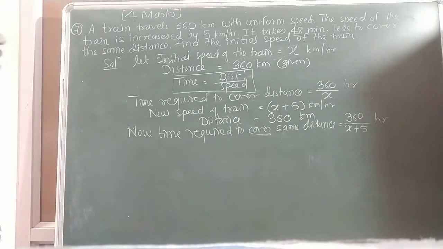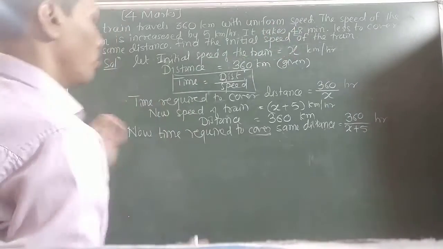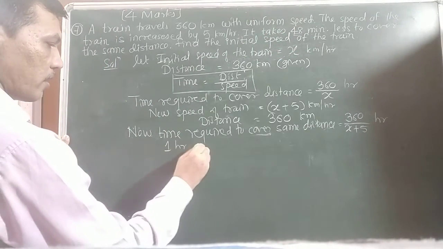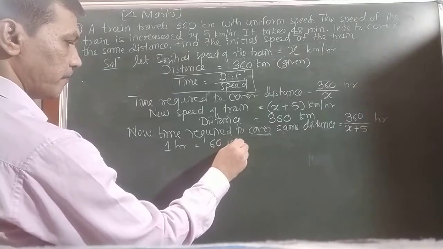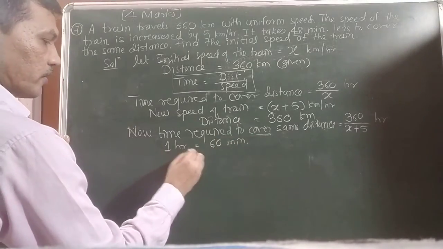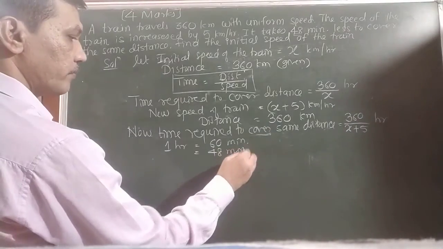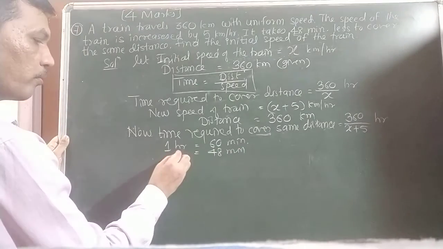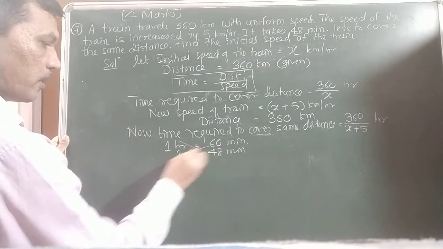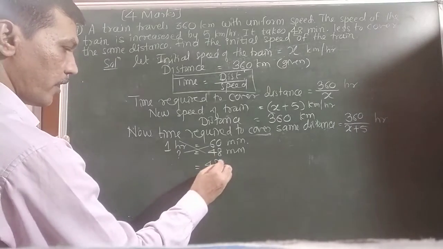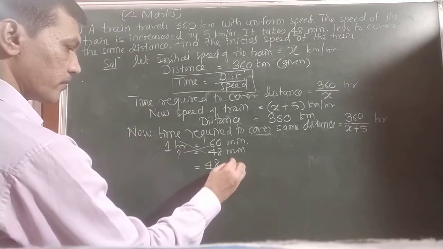Barabar. 48 minutes. So convert this minute into hour. We should know 1 hour is equal to 60 minutes. Therefore 48 minutes is equal to how much? Question mark. So cross multiply. So 48 ones are 48 upon 60 hour.